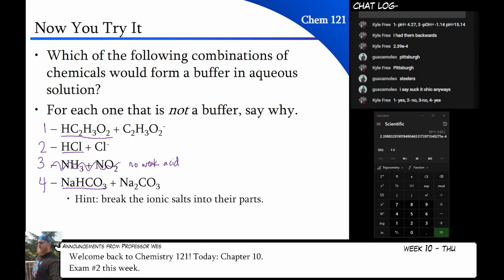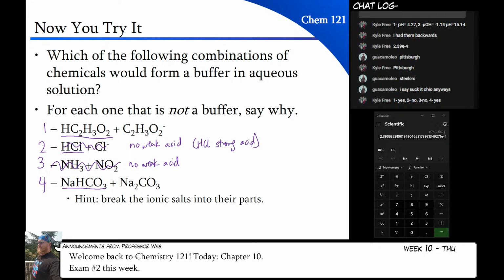Number 2, we have HCl. That's a strong acid, not a weak acid. HCl is a strong acid. The other 2 will work. So we've got acetic acid and then its conjugate acetate. Those are a weak acid and its conjugate base.